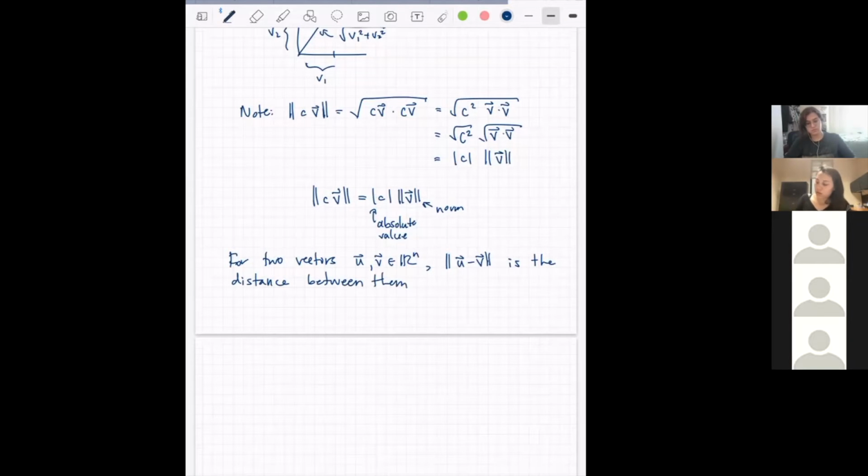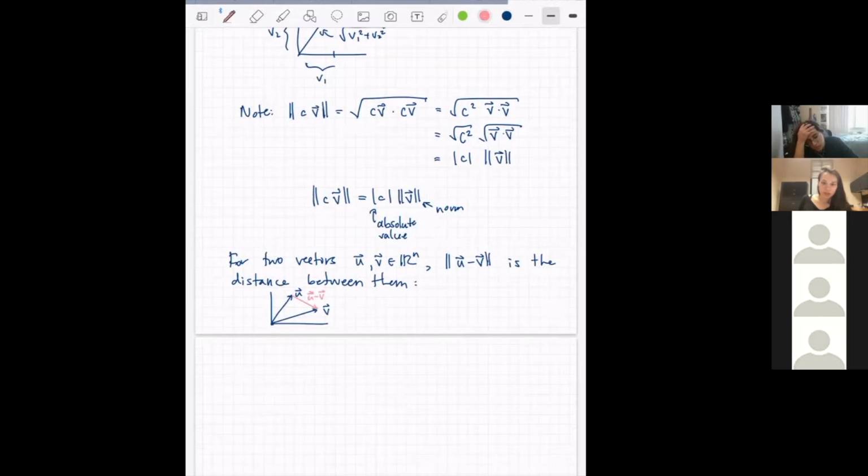If we want to visualize what's going on here, say we have two vectors in R2, so it's easy to draw. We have u and v, and if I draw it this way, this is u minus v.